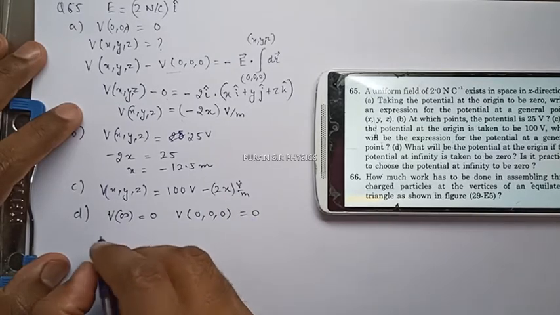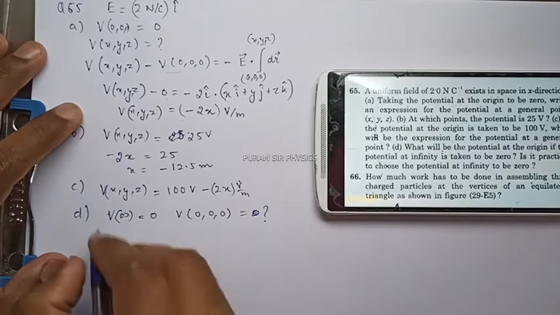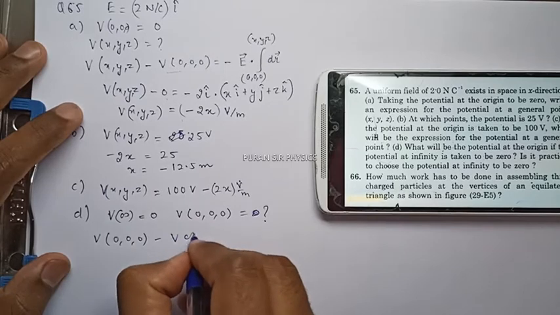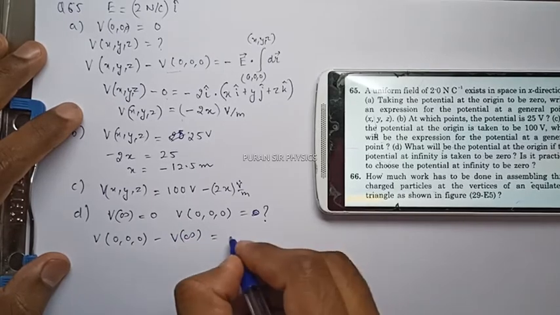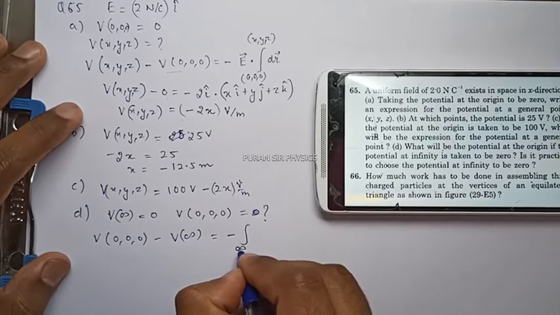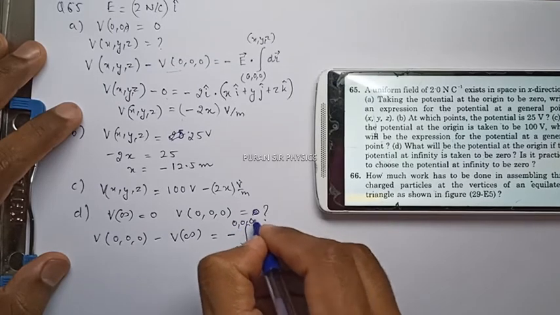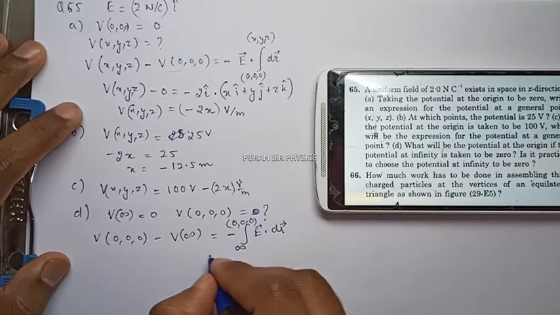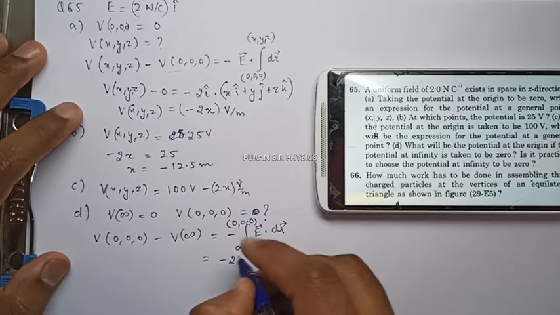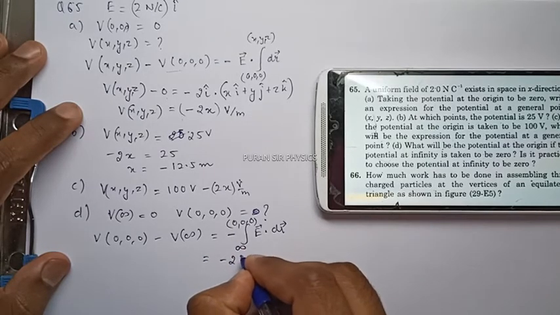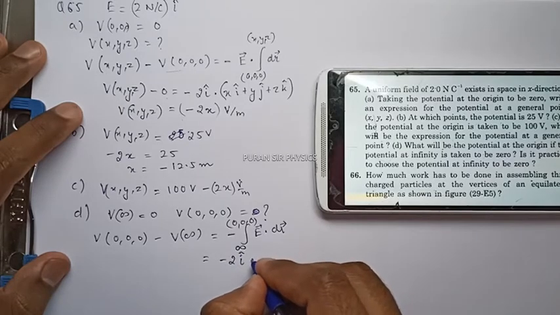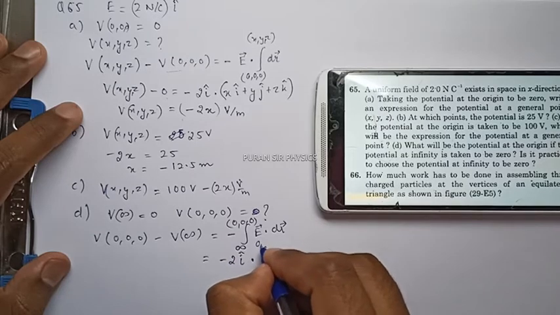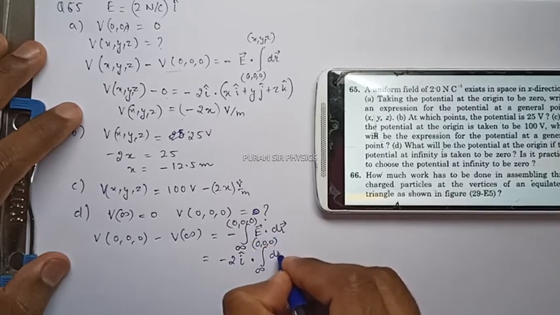So potential at the origin minus potential at infinity will be negative integral from infinity to origin of E dot dr, and we can write this as minus 2 I cap dot dr from infinity to 0, 0, 0.